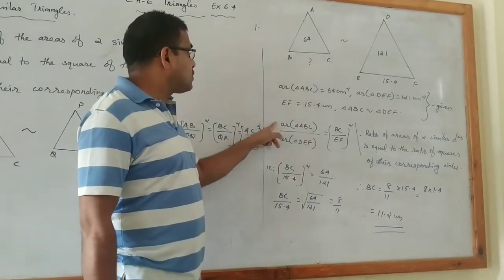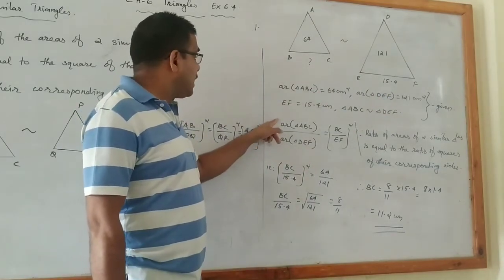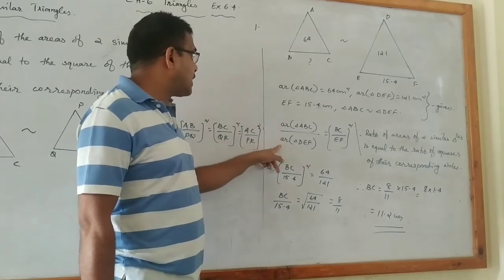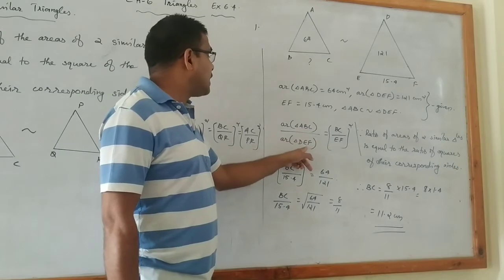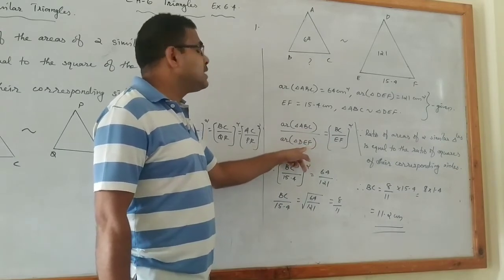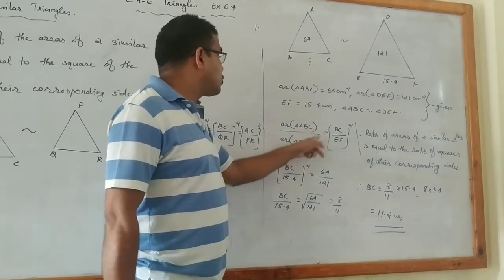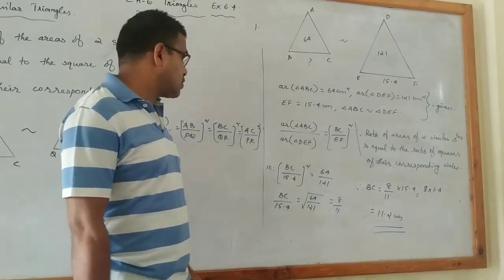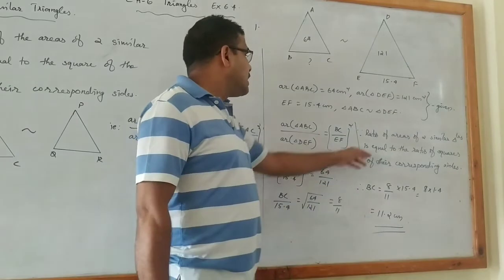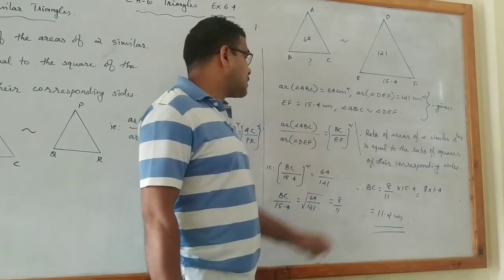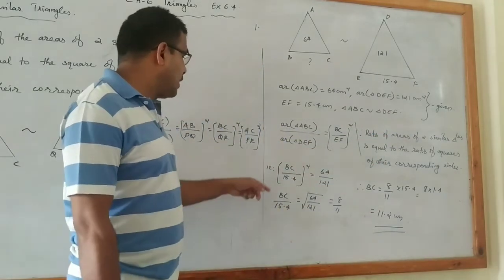Then we know, according to the theorem we learned just now, area of triangle ABC divided by area of triangle DEF equals, here we take the side BC and the corresponding side is EF, so this ratio is equal to (BC by EF) whole square. Reason: the ratio of areas of two similar triangles is equal to the ratio of squares of their corresponding sides. Now we substitute the values.